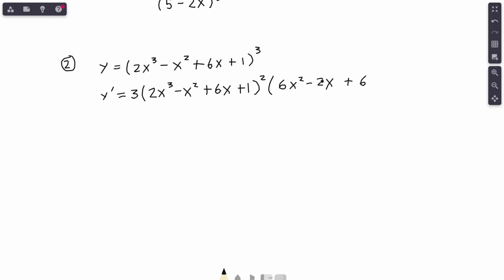And then the derivative of 1, or any other constant, is just 0, so plus 0. We don't even have to write it because it doesn't change anything. And that's our answer.